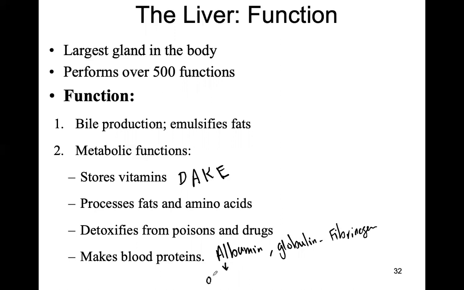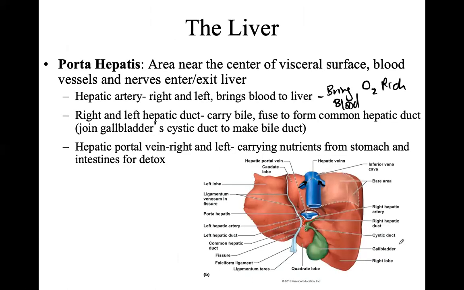Albumin helps you maintain your osmotic pressure for the blood. Globulin is a transporter. And fibrinogen is essential for blood clotting. So even though these are proteins found inside your bloodstream, your liver is responsible for production of them.